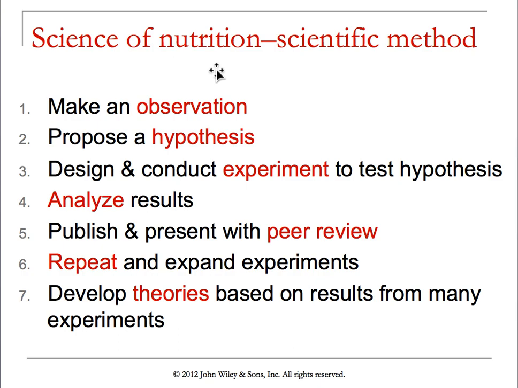And then step 7 is developing theories based on results after many experiments have been done. Once an experiment has been completed over and over and replicated by multiple people, then a theory can be developed that states what the outcome is as fact.